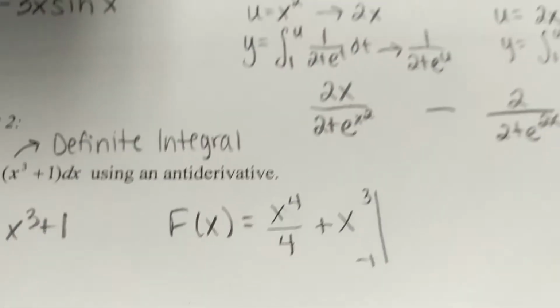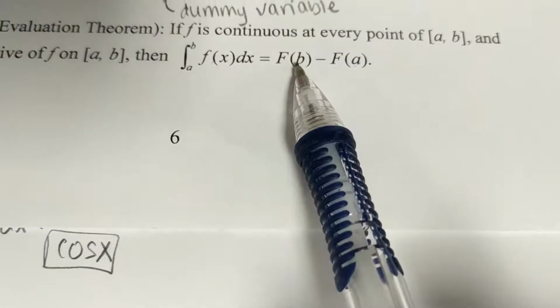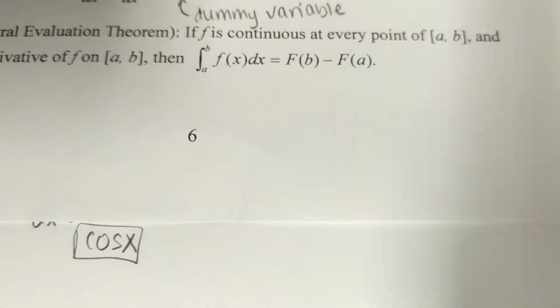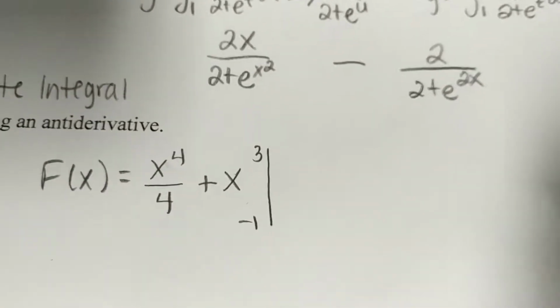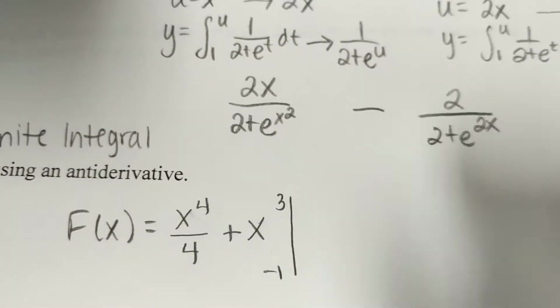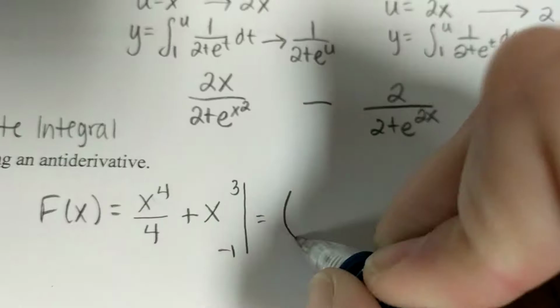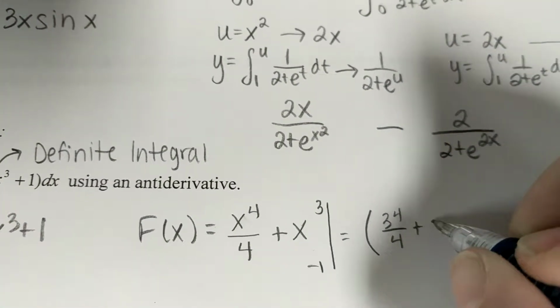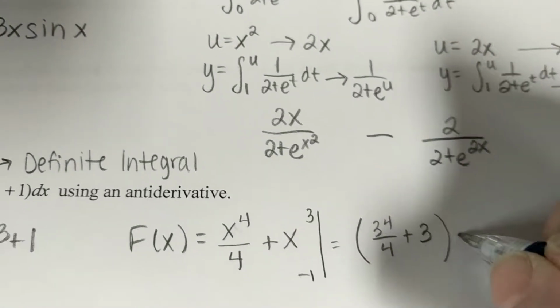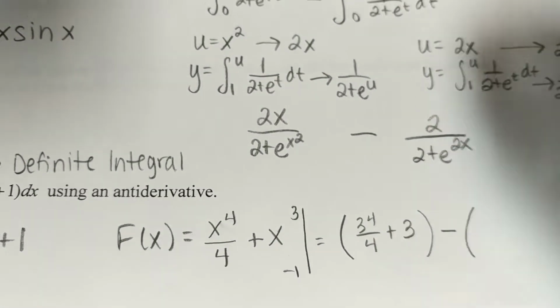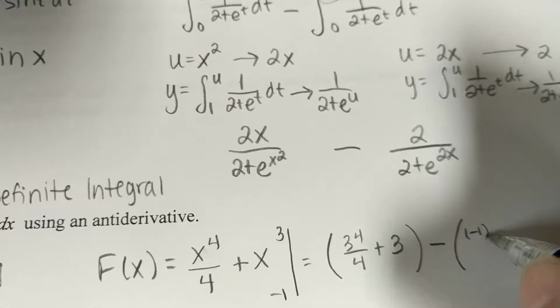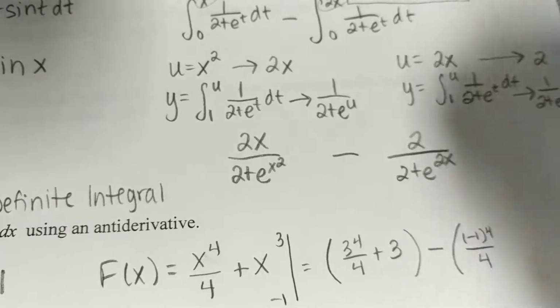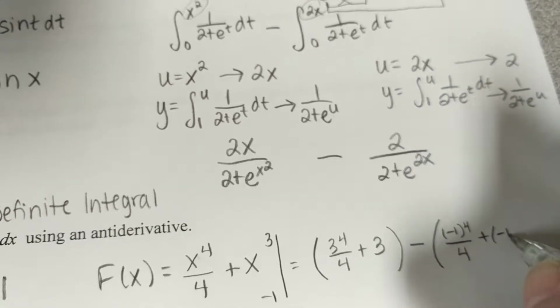And if you recall in our definition up here, it says to evaluate it at b first, then a. So we're going to plug in the 3 first. So we get 3 to the 4th over 4 plus 3 minus -1 to the 4th over 4 plus -1.